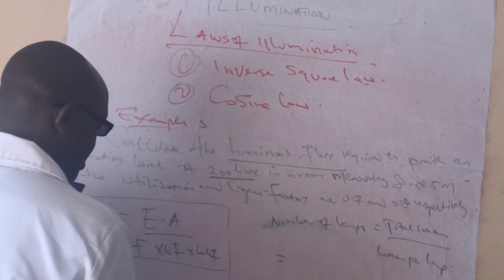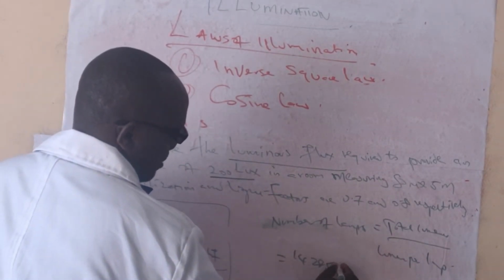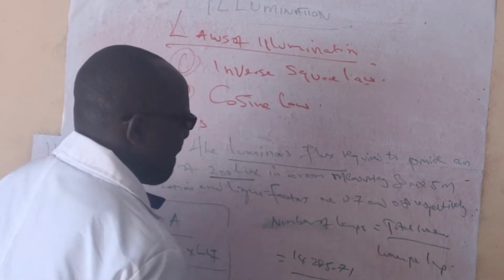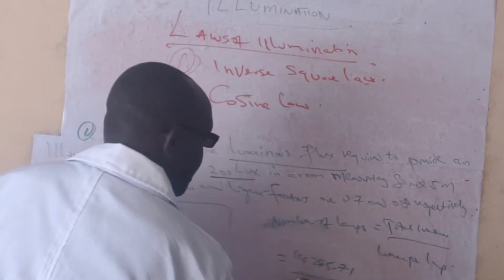The total lumens is 14,285.71, all over the lumens per lamp, which is going to be 300.